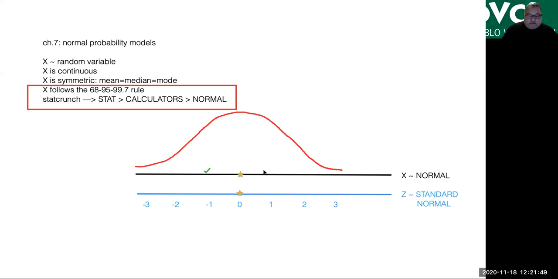Inside of 1 deviation from the mean, you will see a range of about 68% of the model. So this area that I'm highlighting in green here is 68% of the whole model.